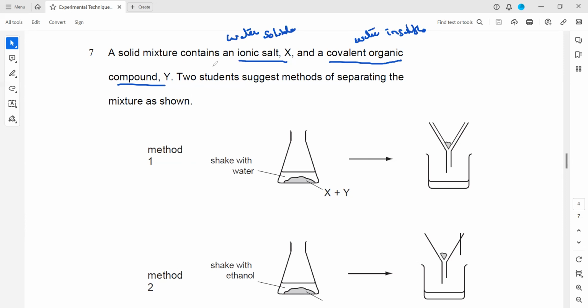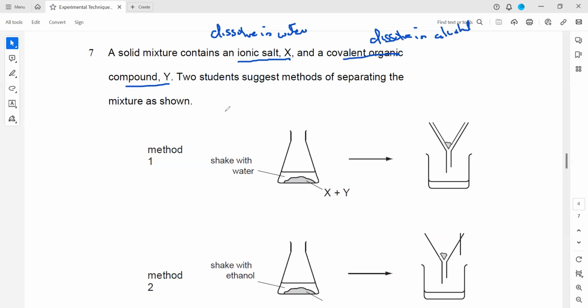Organic solvents are usually soluble in alcohol. You can simply remember that ionic salts are water soluble, they will dissolve in water, and if we have a covalent organic compound, then it will dissolve in alcohol, any kind of alcohol.